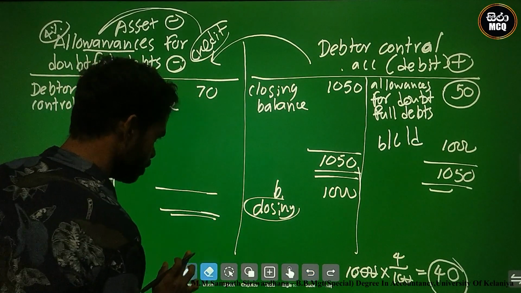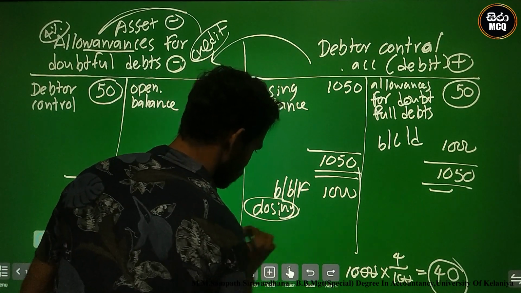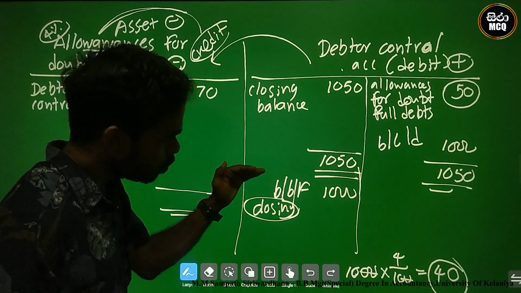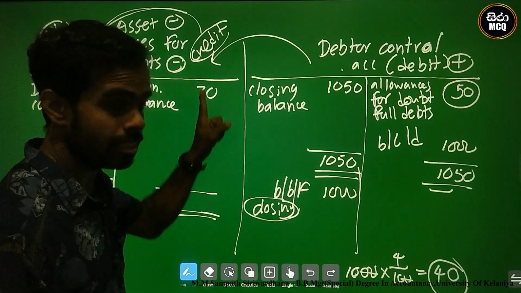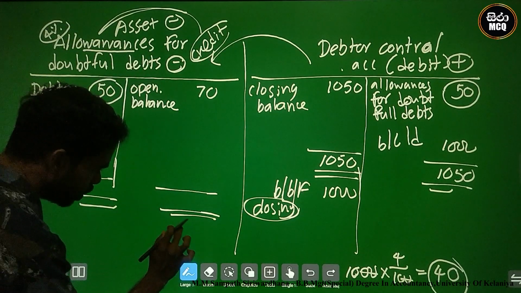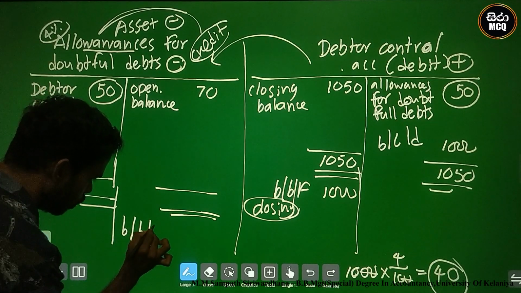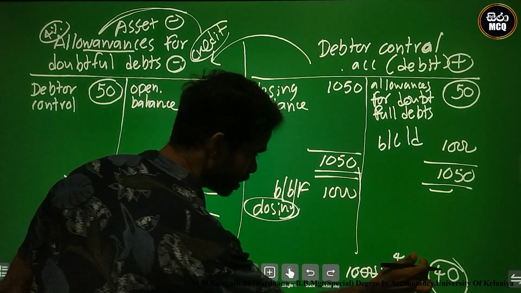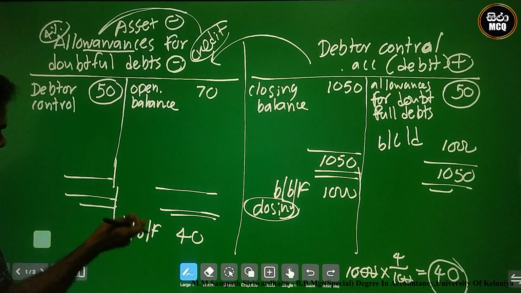Balance brought forward closing. I create the balance brought forward as a credit. This balance brought forward, the closing balance, is credit. Why? Unhappy person 40. There is a balance carried down.